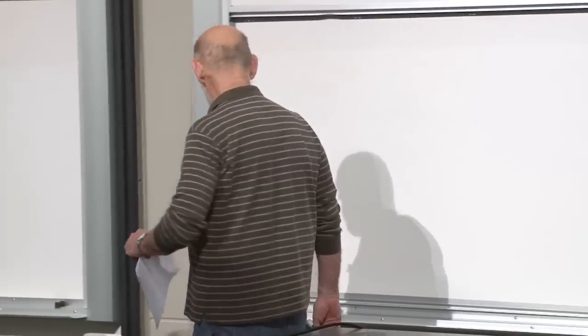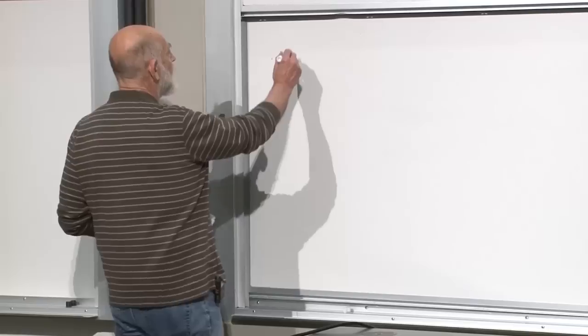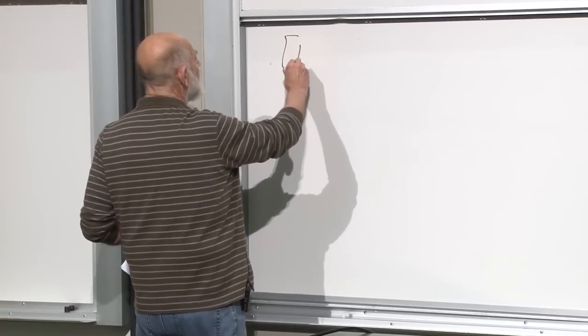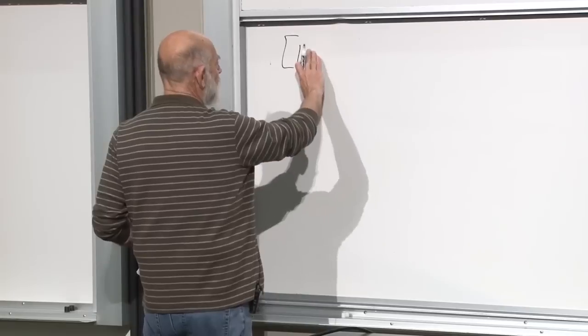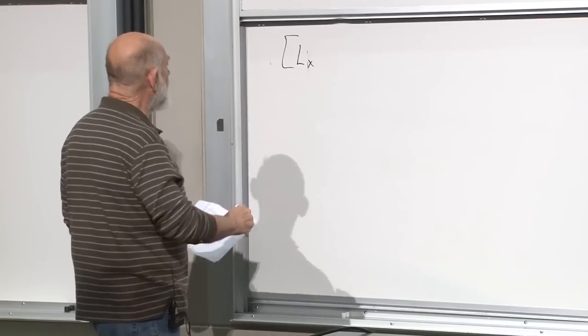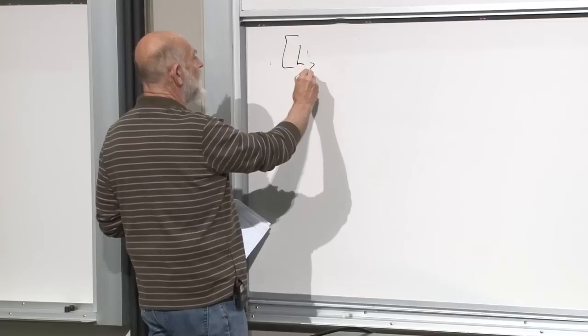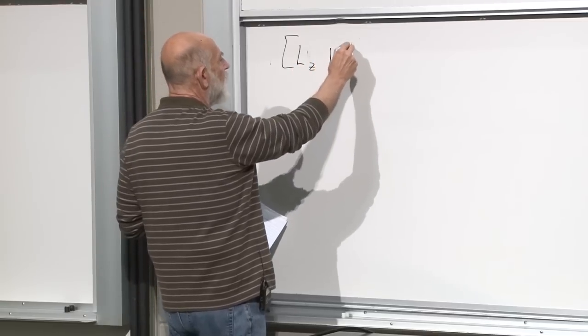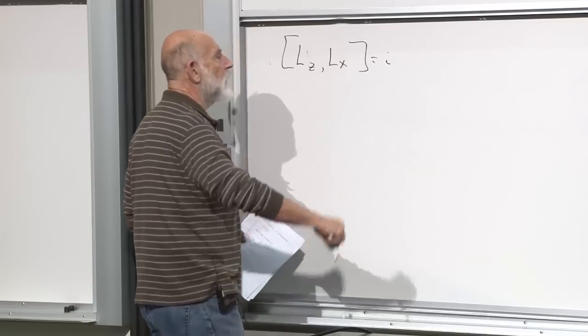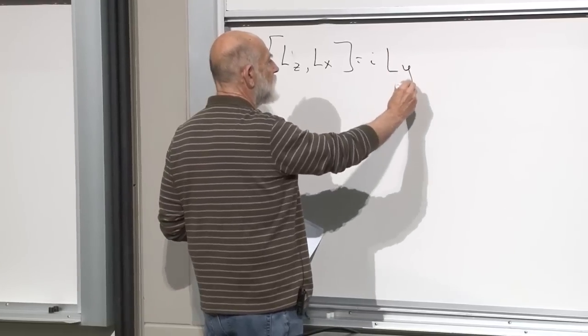So let me write down again what the basic commutation relations of angular momentum are. Li, Lj, and let's take Lz with Lx. Lz with Lx is just equal to i times Ly.